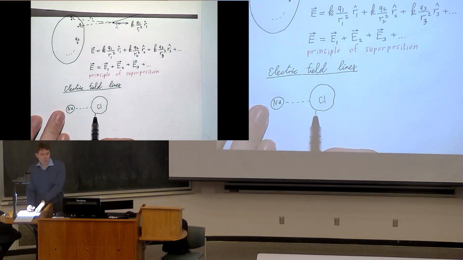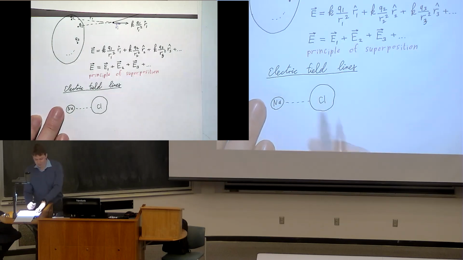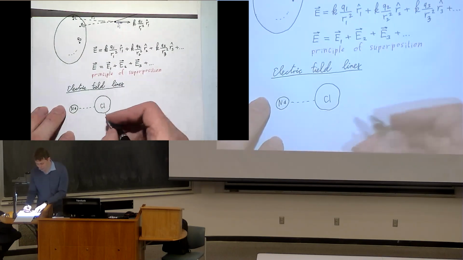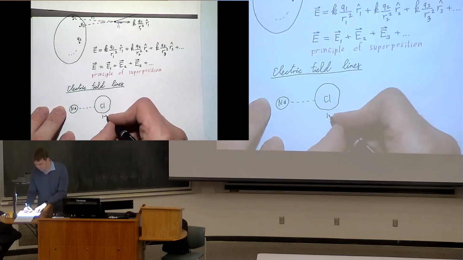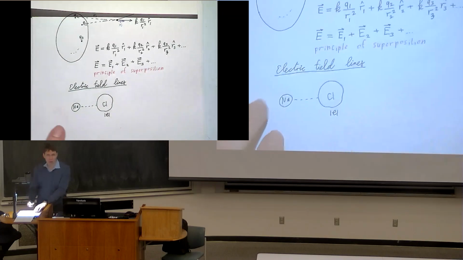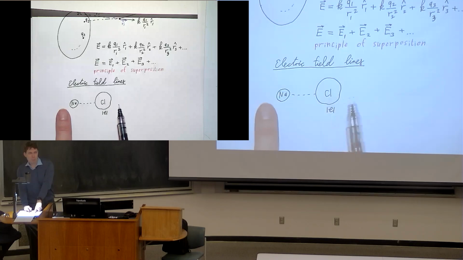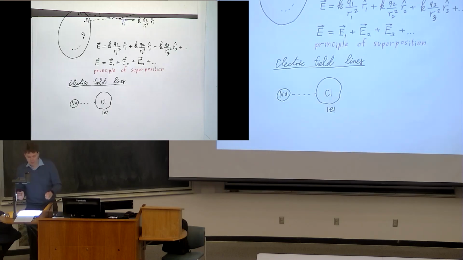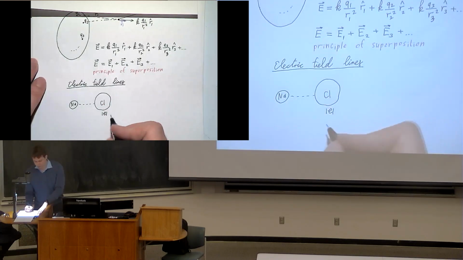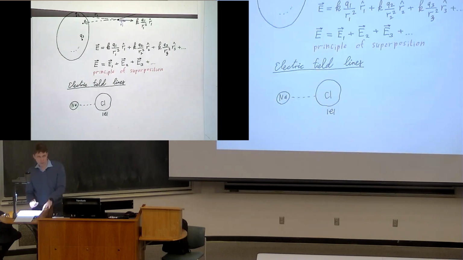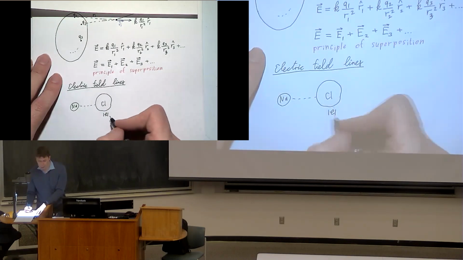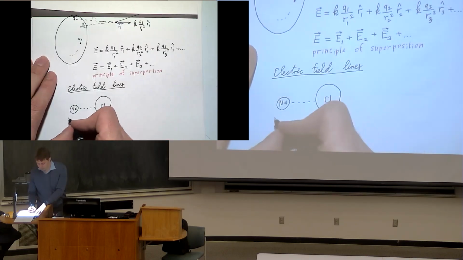Chlorine pulls one electron from sodium, because it's got a bigger nucleus. Before they bind, they are both neutral. When they form a bond, chlorine steals an electron from sodium and it acquires a charge.